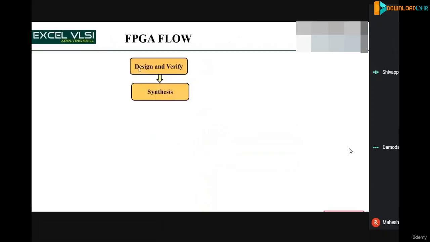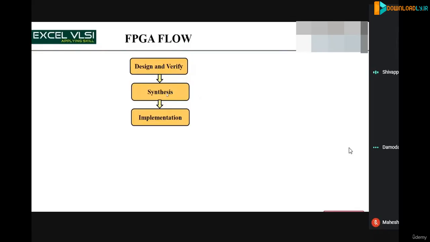Okay, so FPGA flow. You will do the design and verification using any HDL. Okay, Verilog, and you synthesize. So your synthesis in the FPGA flow will be done by taking it to a particular FPGA where you want to realize this design.